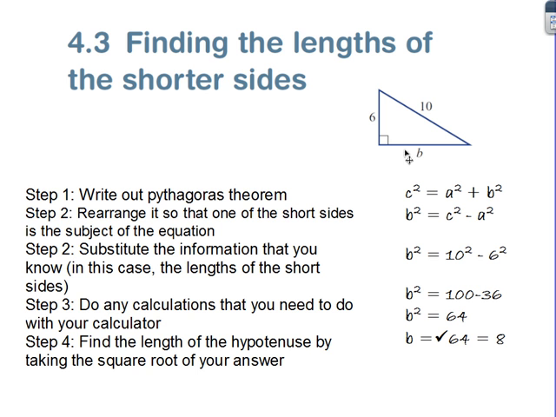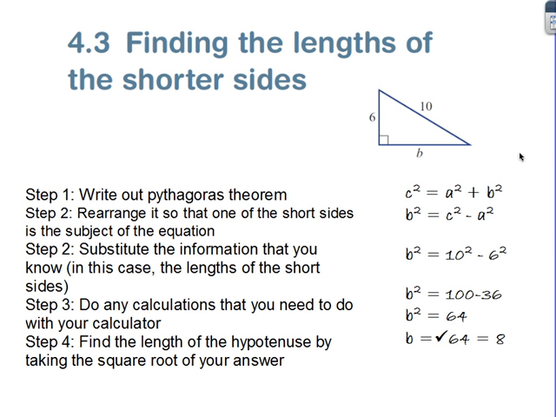Here's my triangle, and it's got a hypotenuse of 10. One short side is 6, and the other short side we don't know. So first step is just to remember what Pythagoras' theorem tells me. So c squared equals a squared plus b squared.